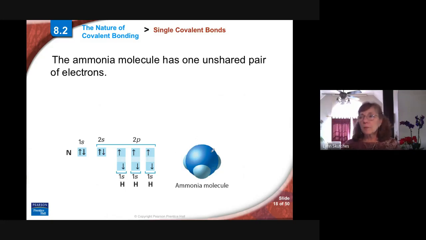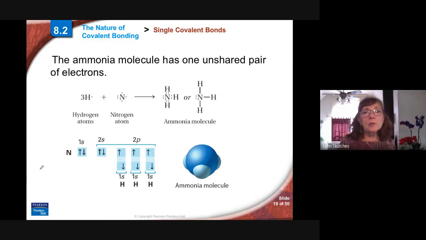Originally, they did that for evil purposes, but now it's the basis of, ironically, fertilizer and keeping humans alive. It's just kind of ironical. All right, so nitrogen, 5 valence electrons. Each hydrogen has 1. Each of these unpaired electrons needs a buddy.